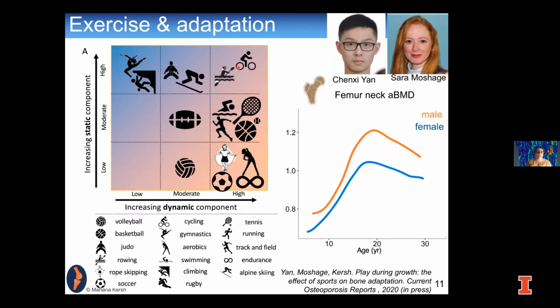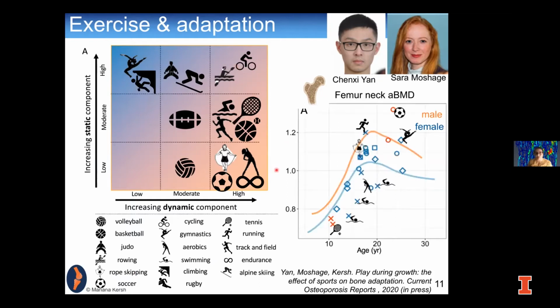So on the current plot on the right are our control baseline values. And we can see that there's a bit of a variety in terms of what's possible for adaptation. So for example, it seems like the dynamic sports like soccer might actually induce an adaptive response. So this little orange dot is significantly higher than our baseline controls.